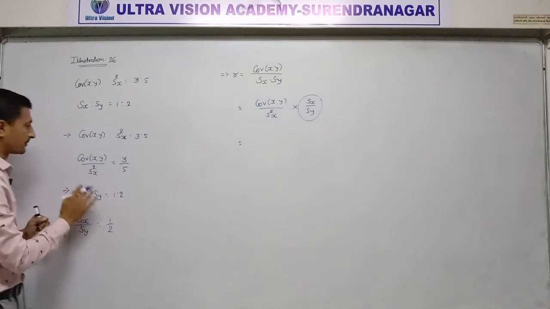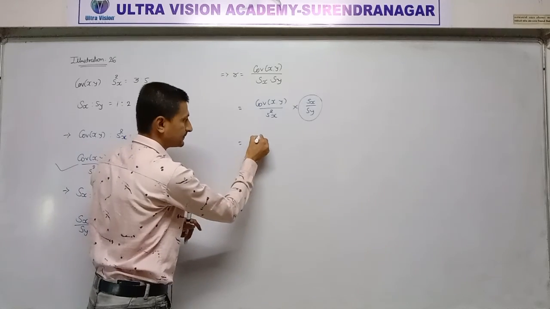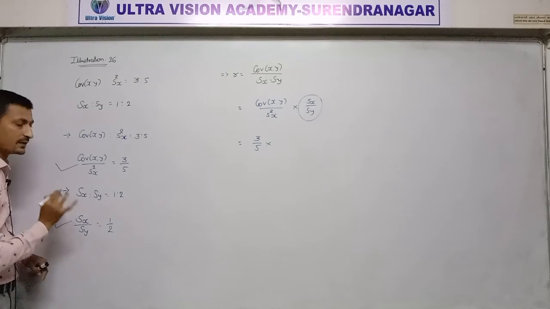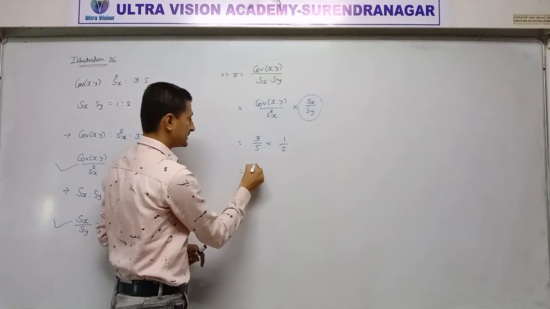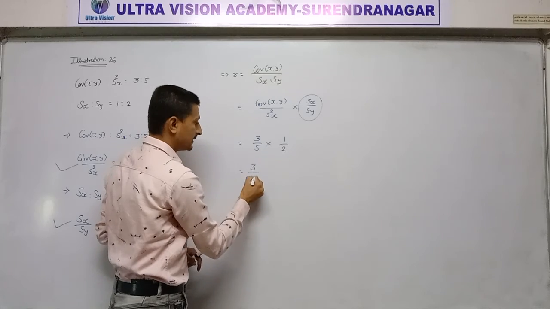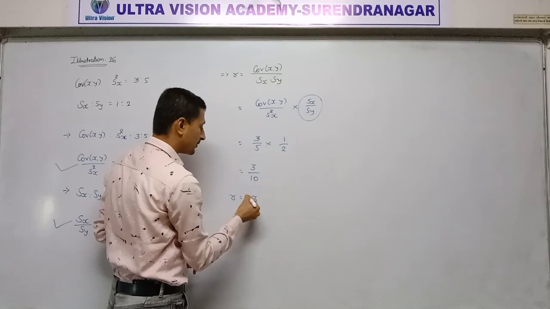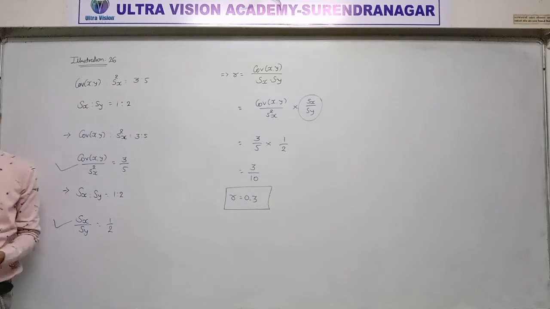So covariance xy divided by variance of x is 3 by 5 into sx by sy is 1 by 2. So 3 ones are 3 and 5 twos are 10. So r is equal to 0.3. We have completed illustration number 26.